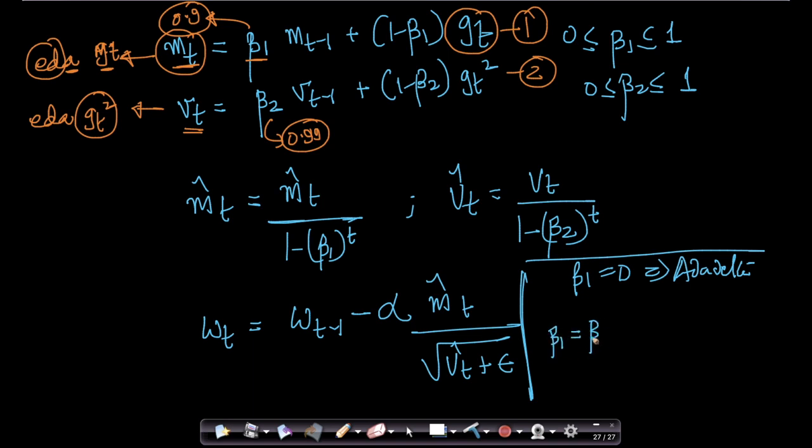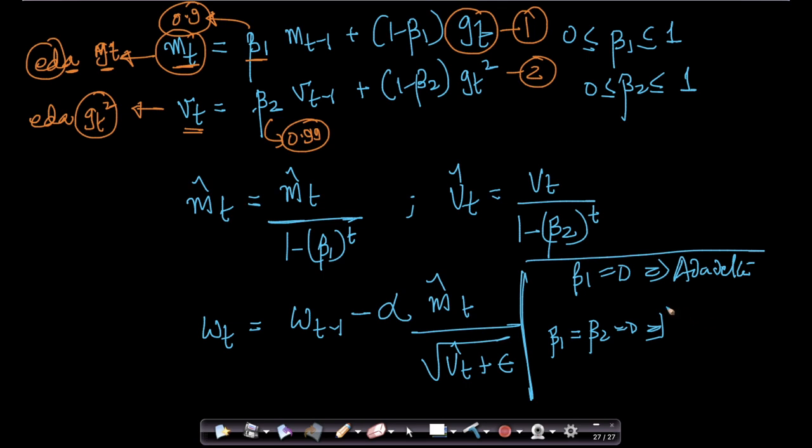If beta 1 equals beta 2 equals 0, then what happens? If beta 1 equals 0, this goes off. If beta 2 equals 0, this also goes off, right? You just have squares of sums now. With beta 2 equals 0, you're left with gradient gt squares, right? But these gt squares will remain.